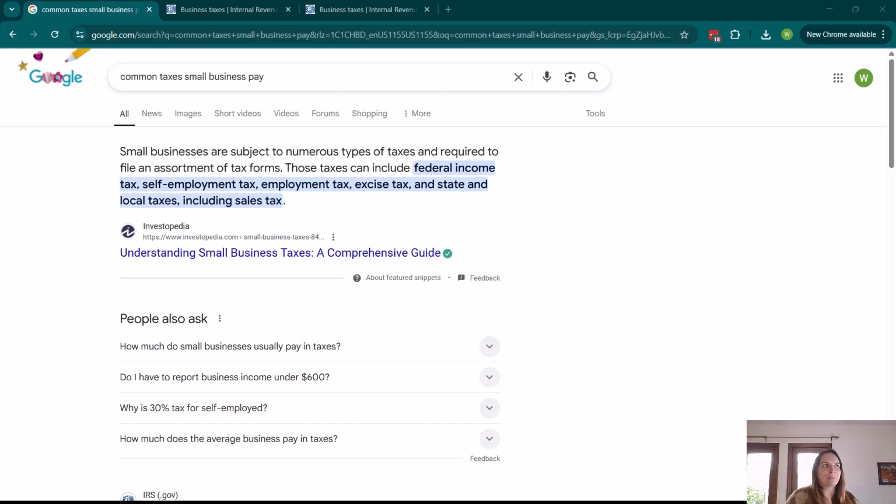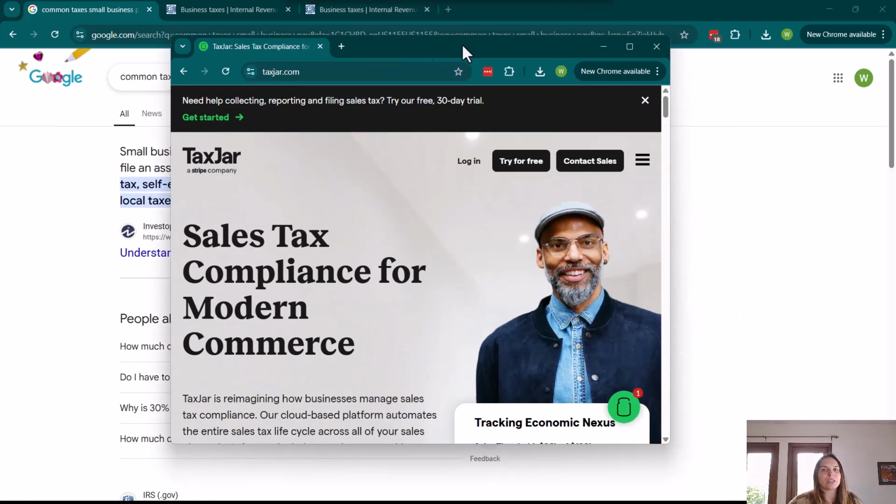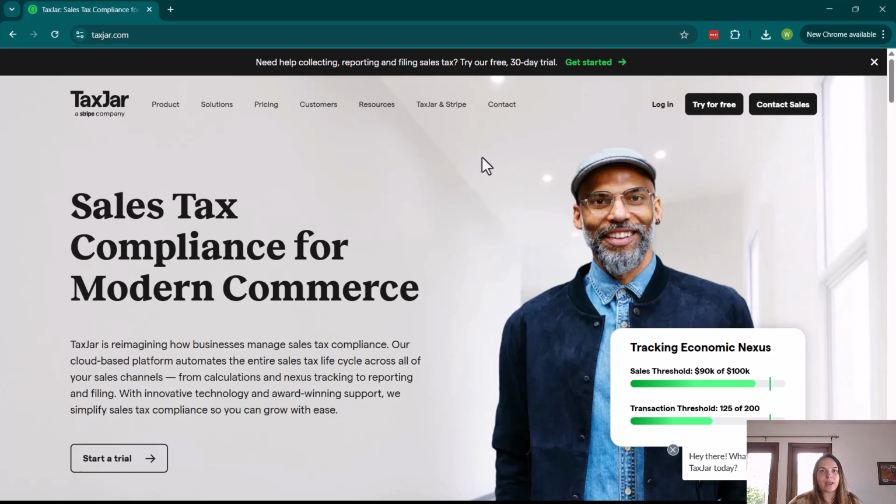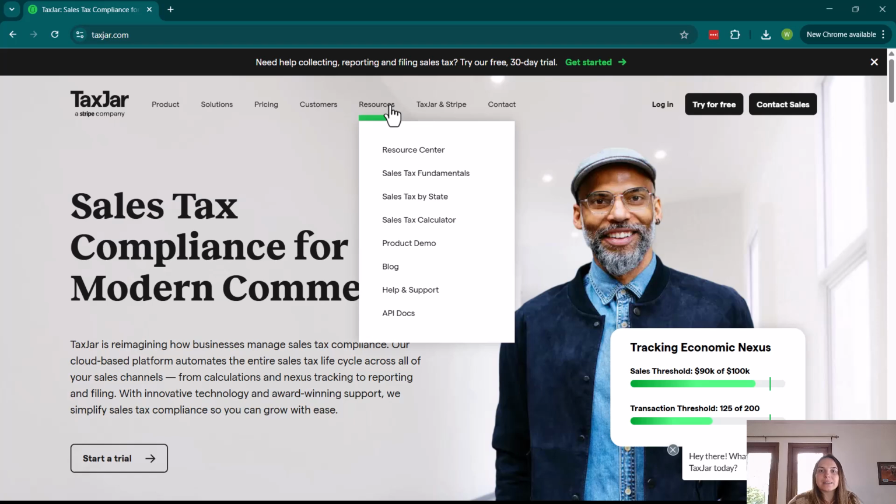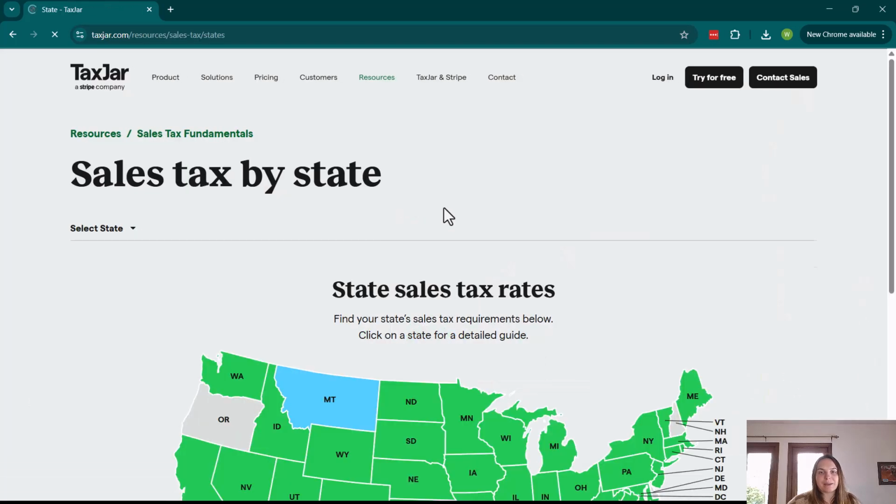There are a couple of resources. Let me pull one up for you. TaxJar, and I'm not guaranteeing that these are accurate, but TaxJar is one that can help you with sales tax. If you go to taxjar.com, you can go to resources, and you can look up sales tax by state.